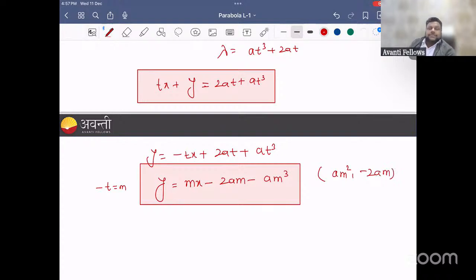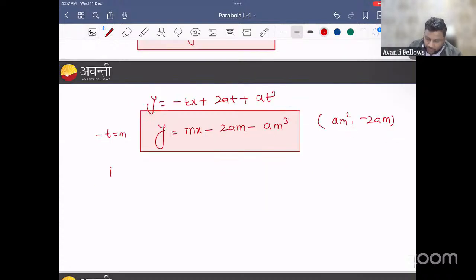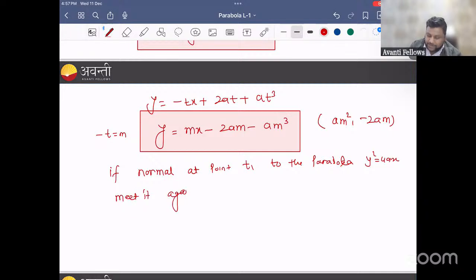Got it? Now before concluding this class, I leave something up to you. If normal at point T1 to the parabola y square equals 4ax meets it again at T2.